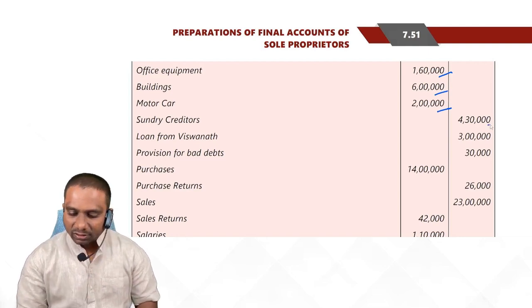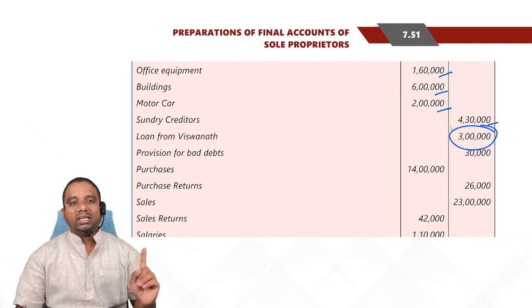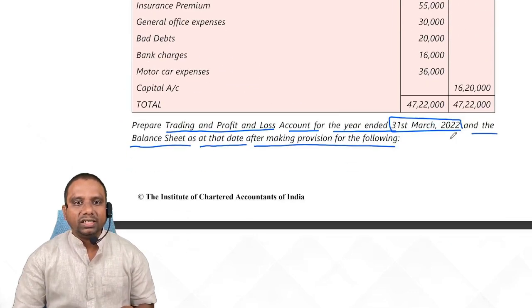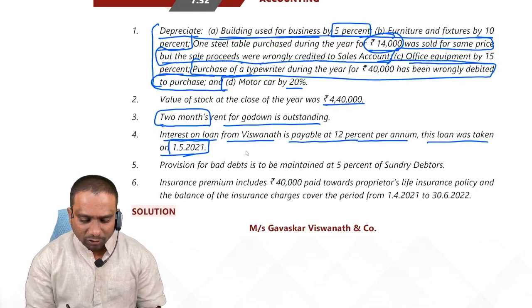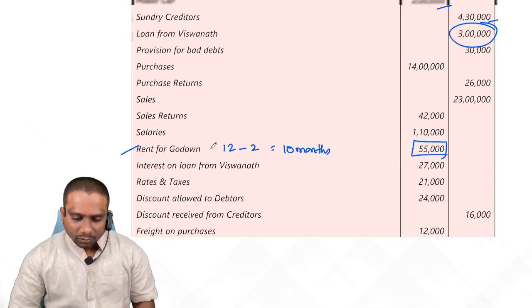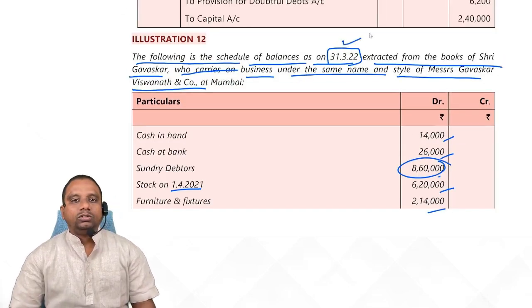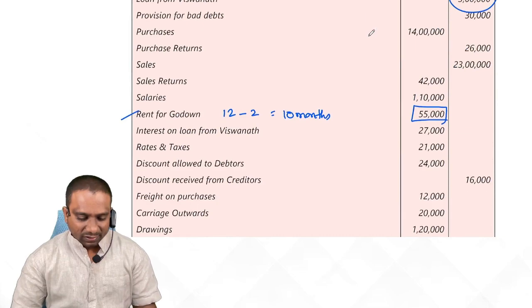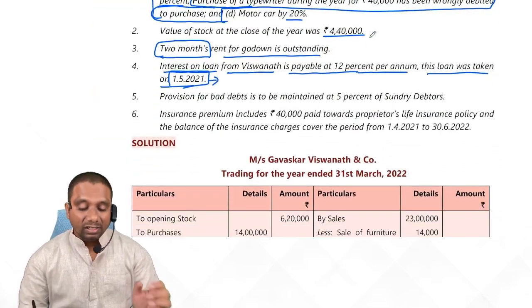Okay. Next, creditors. Liability, loan from Vishwanath, 3 lakhs. So this loan, actual liability, balance sheet liability side, but this loan was taken on what date? From 1/5/2021 to books of accounts closing date 31/3/2022. How many months? 11 months.